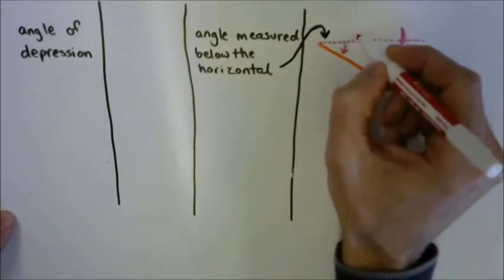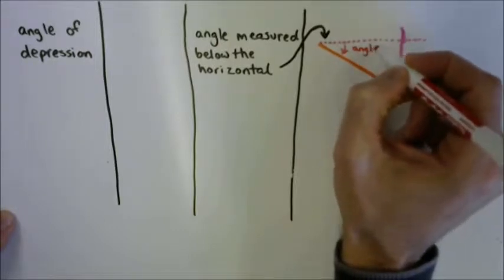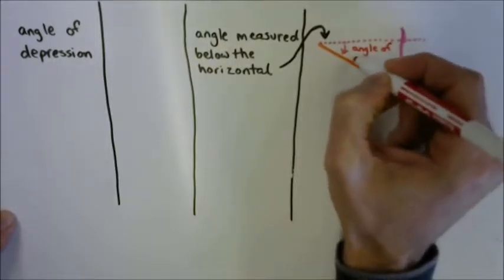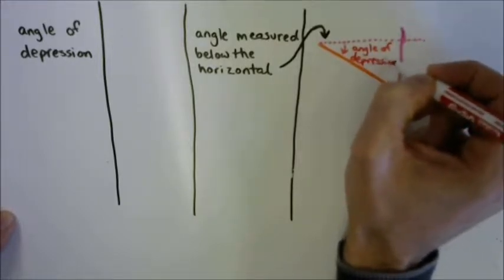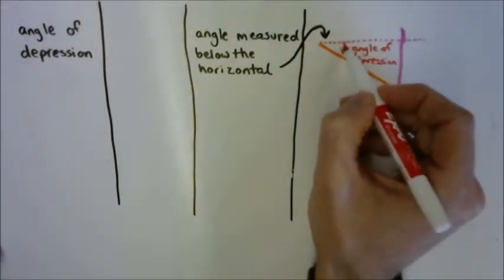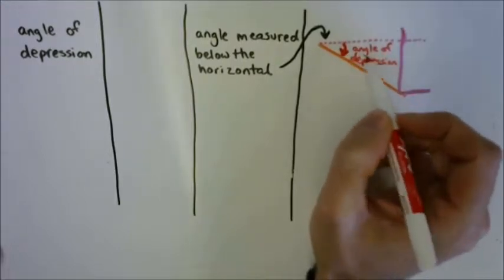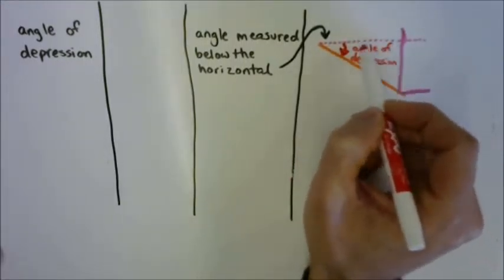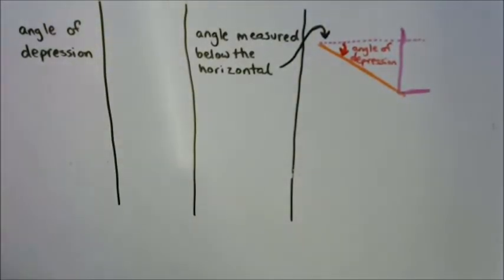So right here, this is the angle of depression. It's the angle measured below the horizontal. Whenever we see this arc, that means that's the angle that we're talking about. And the angle is measured from the horizontal down to the next line. That's the angle of depression.